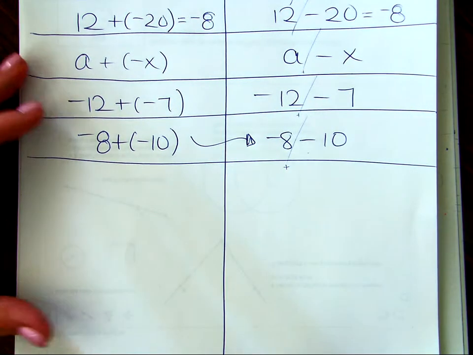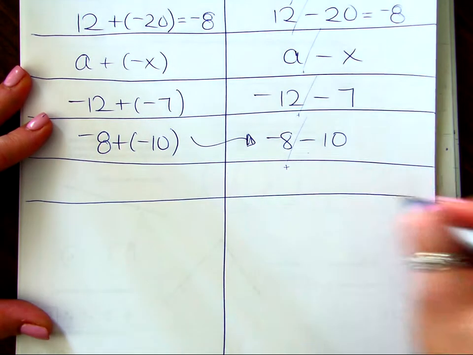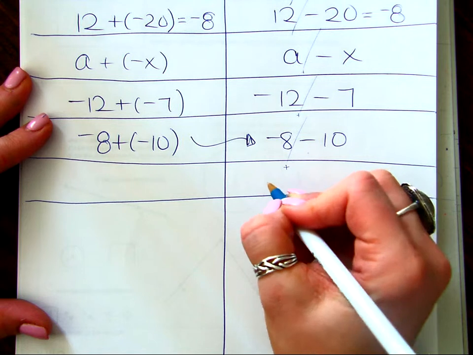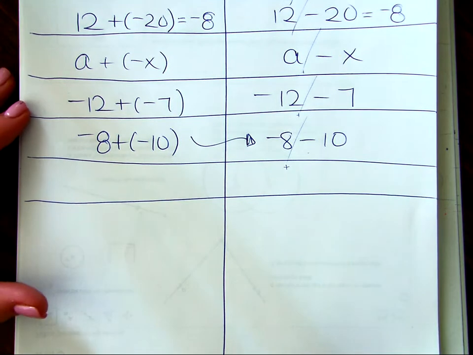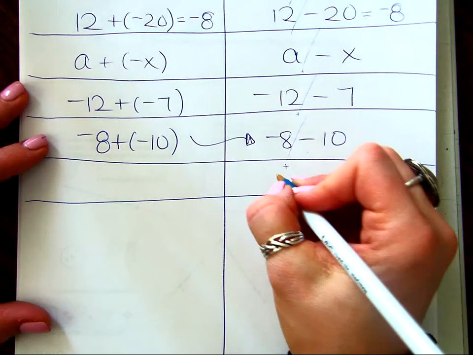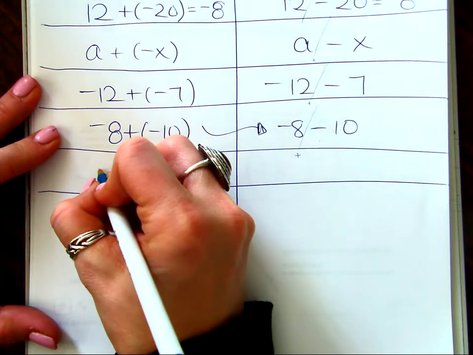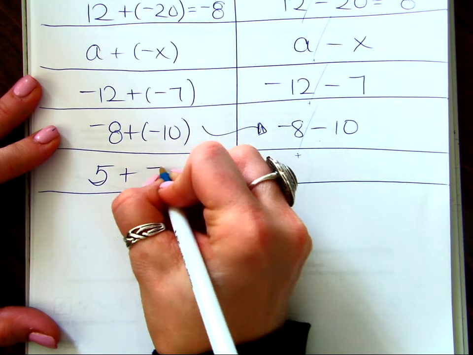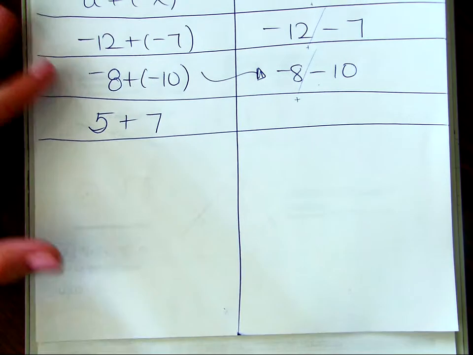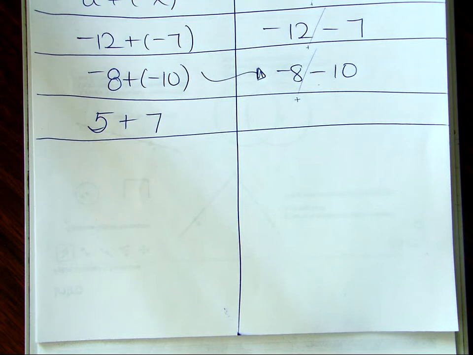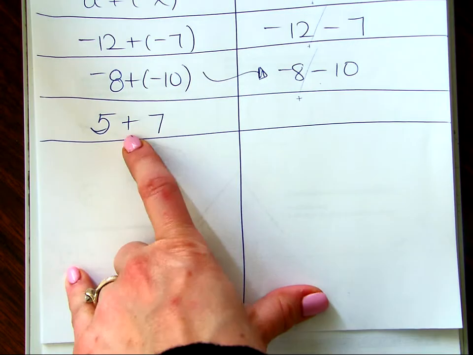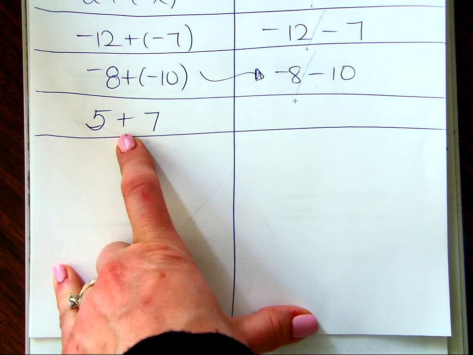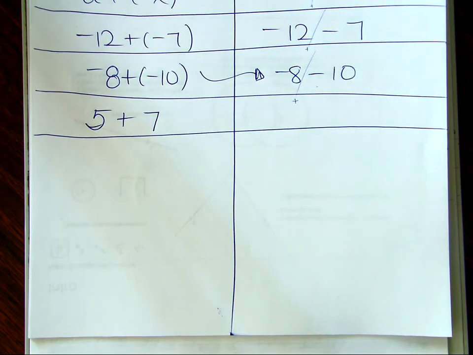Okay? So, what would we say for this problem? Okay, because it's time to trick you up a little bit. If I had 5 plus 7. I don't know if you're going to get this one. If you do, don't shout it. Just raise your hand. How can I possibly write that as a subtraction problem?